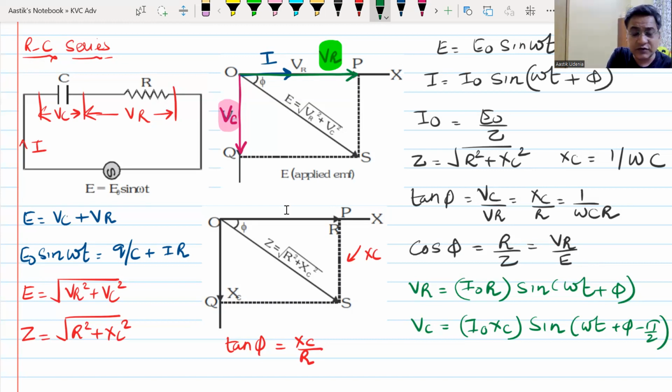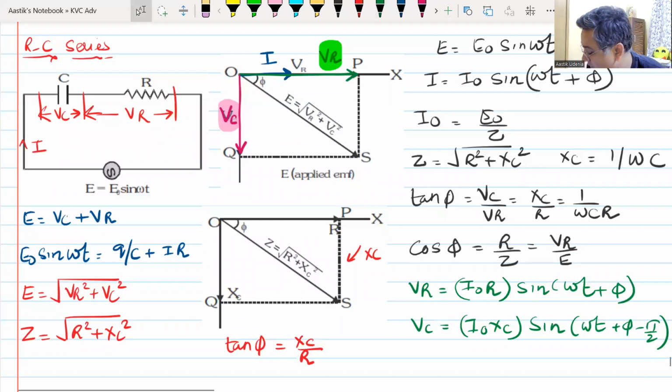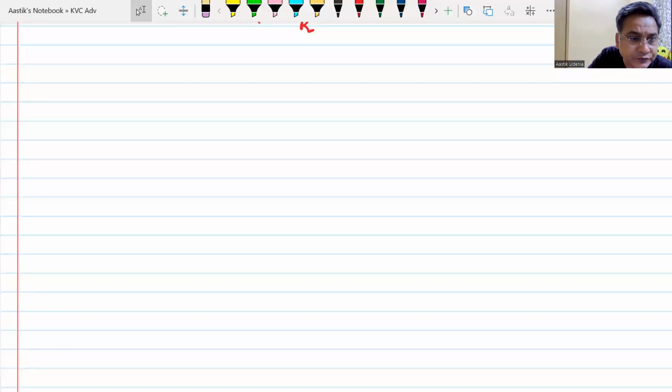Everyone understand what I have written here? I'll give you 2 minutes to note this down. Then we can write everything together and see how it looks.